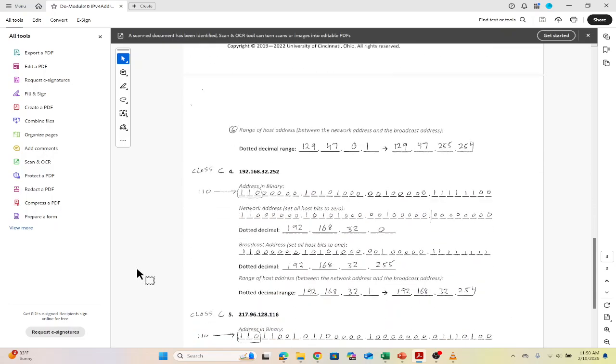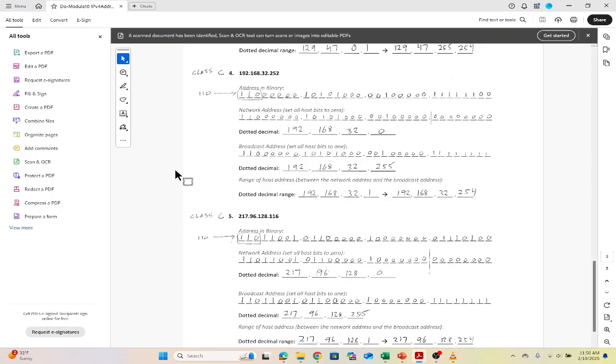Okay, let's look at the next one real fast. Again, same thing. It's a Class C because it starts 110 and it's a higher number. Also, we know this is 192.168, so that tells me this is a private IP address. So this would be used inside a LAN. And again, a Class C, so the first 3 octets would be considered the network address. Again, here is the network address, everything set to 0 in dot decimal format.